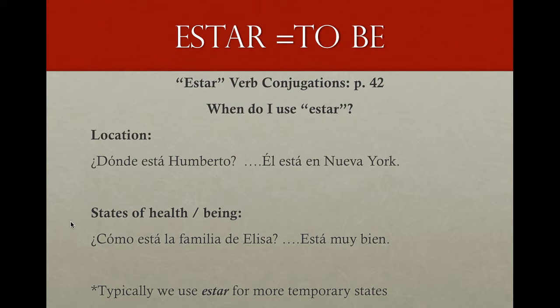States of being or states of health. ¿Cómo está la familia de Elisa? Está muy bien. Typically, we use estar for more temporary states. When you continue learning more about estar and ser, you'll see that estar tends to be for more temporary states, whereas ser tends to be for much more permanent-like states.